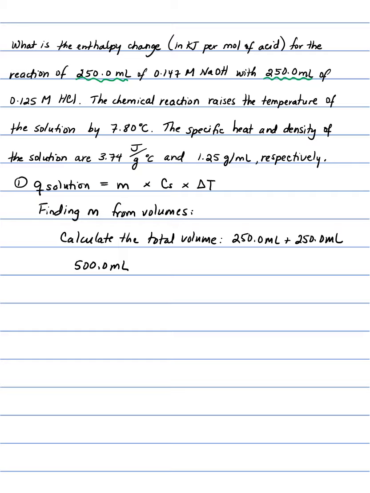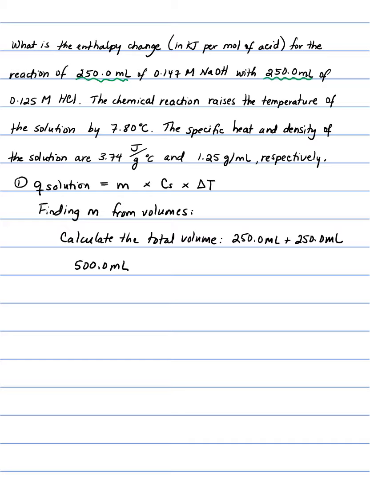So if you have a volume and you need mass, what we have to do is multiply volume times density. Volume times density will give you a numerical value with units of grams.